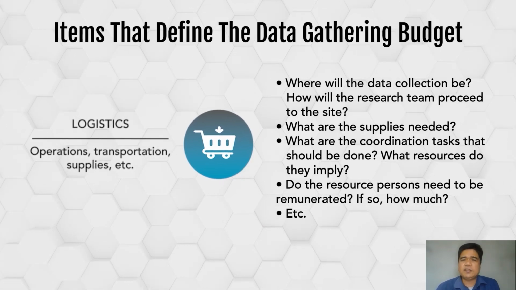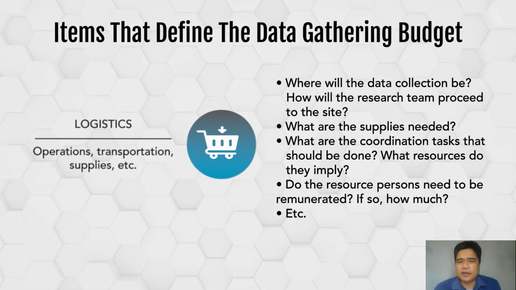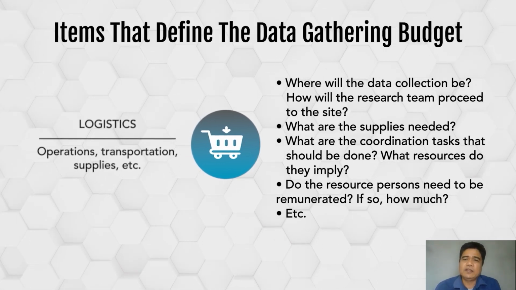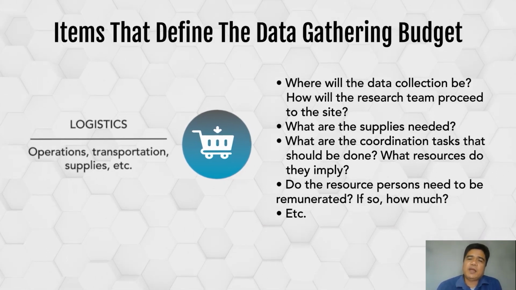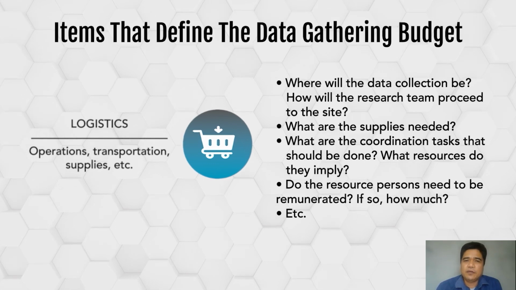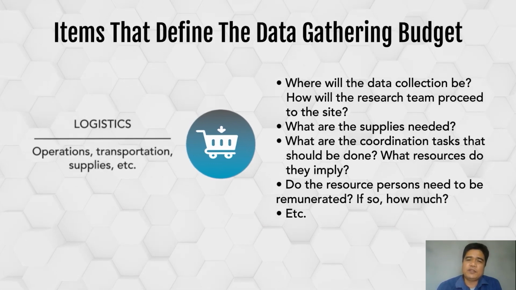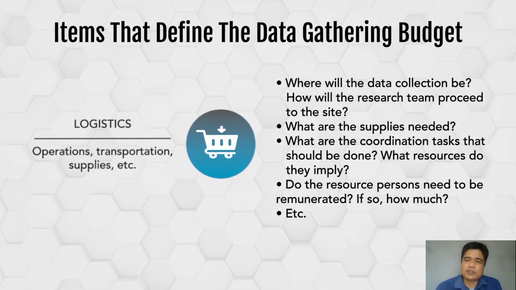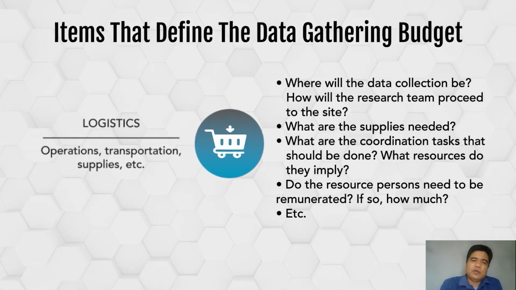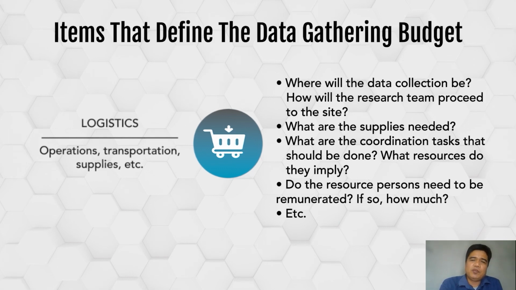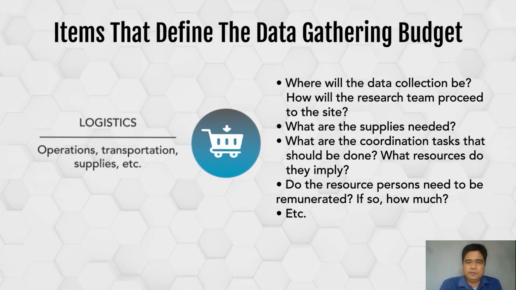And also, what are the supplies needed? Are there coordination tasks that should be done? Should this be done beforehand? And what resources do they apply? And of course, the most common question is, do the resource persons need to be remunerated? If so, how much would the remuneration be?